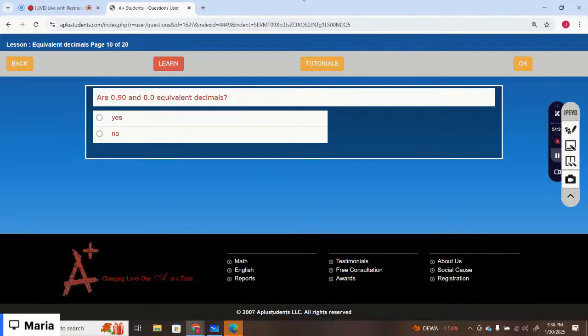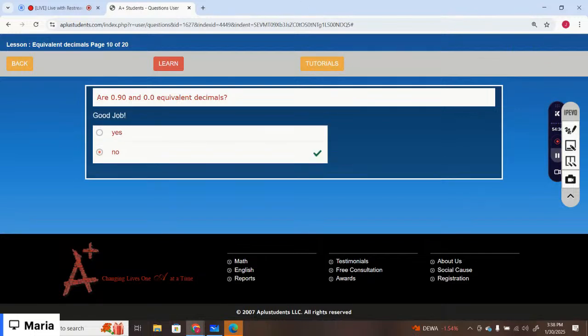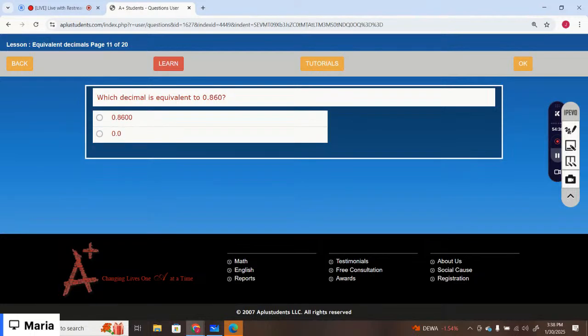No, they are not equivalent. 0.90 and 0.0 are not equivalent. Which decimal is equivalent to 0.860?